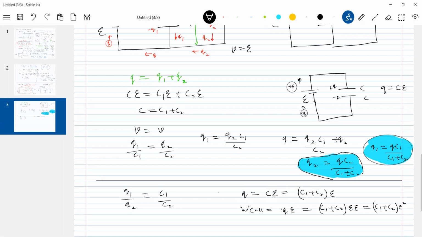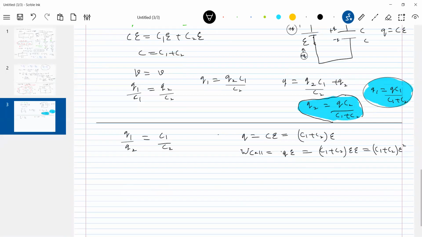What about energy stored in the capacitor? Energy stored in the capacitor, U1 plus U2. So I directly go for C1 E square by 2 plus C2 E square by 2, because we know the information of potential drop. Then Ui plus work done by cell equals UF plus heat generated.